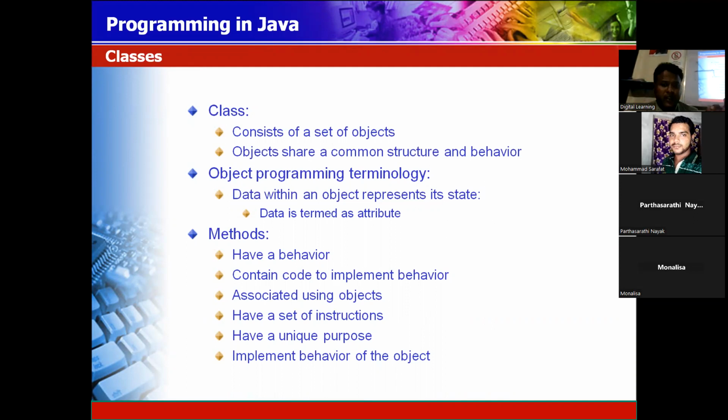Okay, next comes the method. The method has a behavior and contains the code to implement the behavior. When you open your mobile phone, you have a bluetooth option and a wi-fi option.